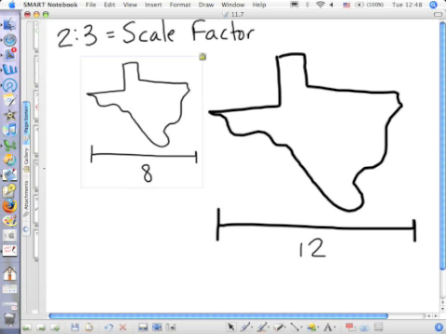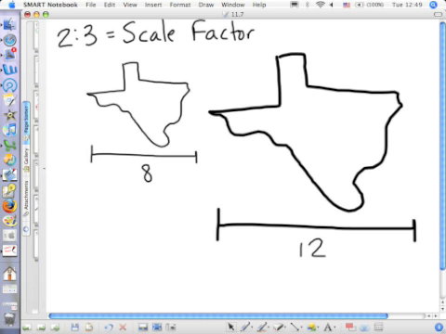And the same image blown up, that same distance from the outermost edges, is 12 units long. So even though we don't have a specific height and a specific radius and all this other stuff, as long as we can compare those two things, we know the scale factor. So it's 8 to 12, which reduces to 2 to 3.